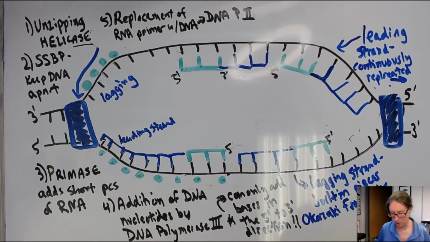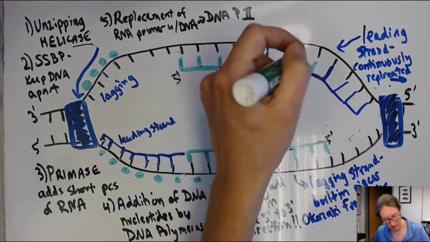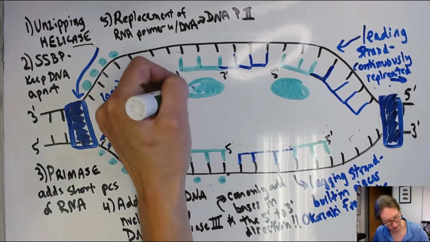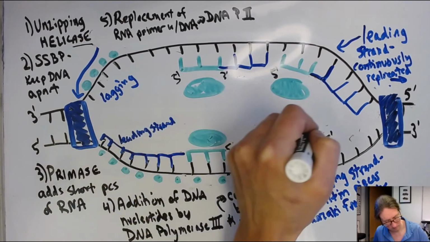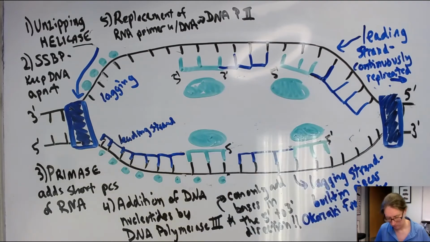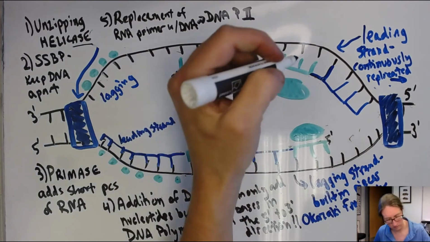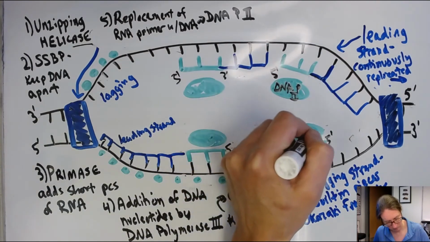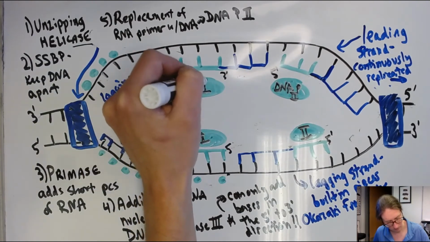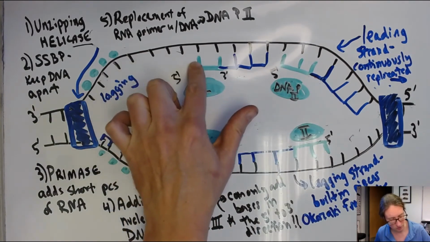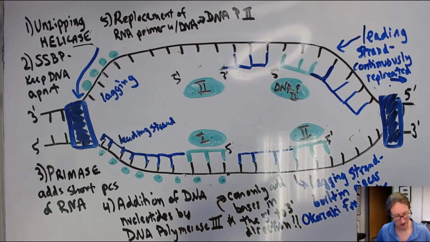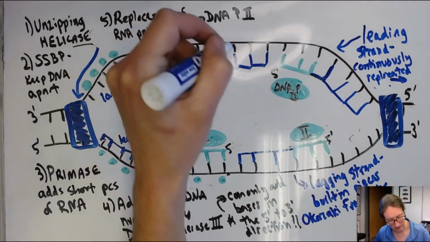So DNA polymerase 2, let's draw that in green at each of these sites. So this DNA polymerase 2 is going to remove the RNA, and it's going to replace that with DNA.